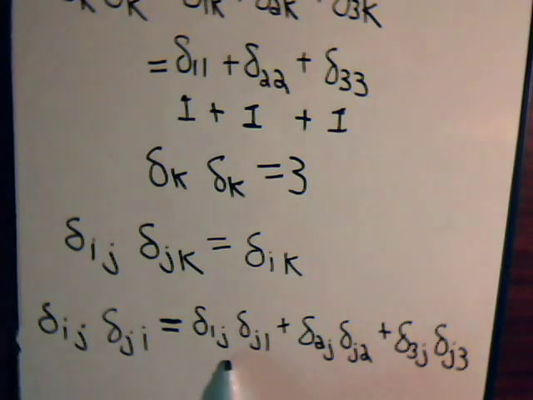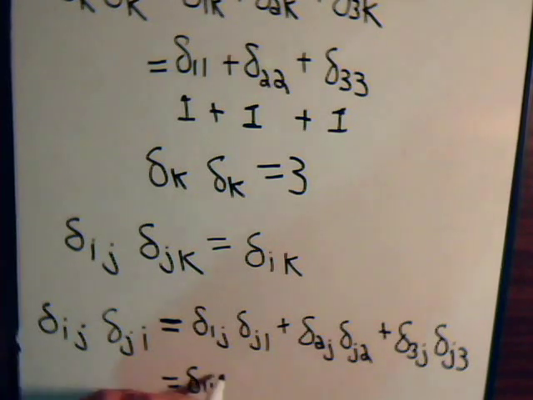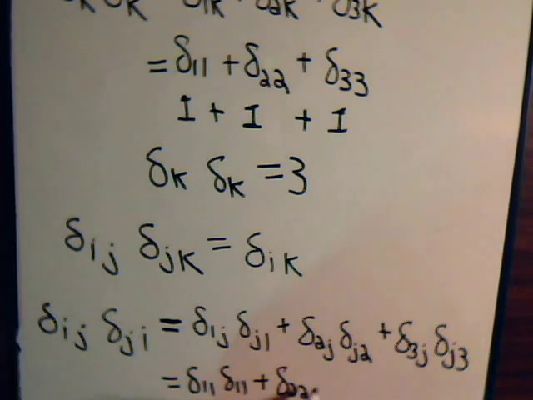But the only time this is non-zero is when the number for j matches this one. So j can be 1. So we have this. Then when j is 2 or 3, those are just going to be 0. And the same thing happens here. j can be 1, 2, or 3, but the only time we get non-zero expressions is when j is 2. And same thing here. This would be delta 3, 3, delta 3, 3.